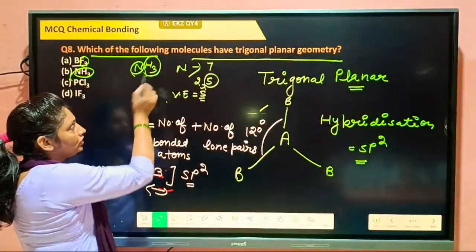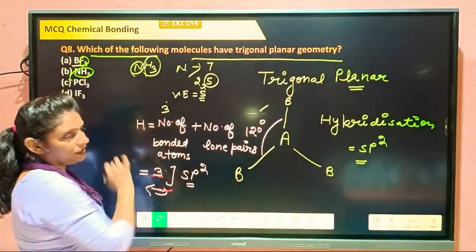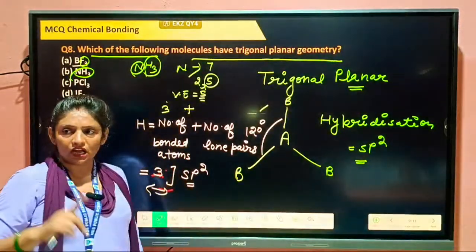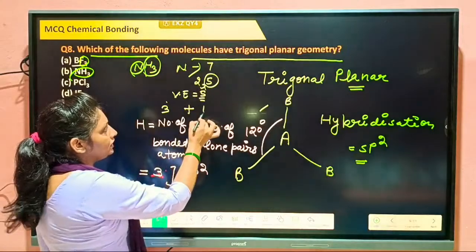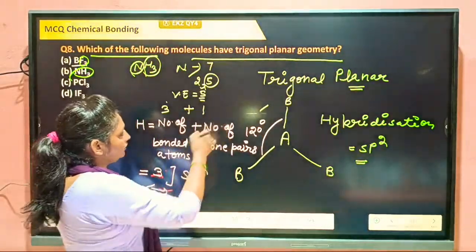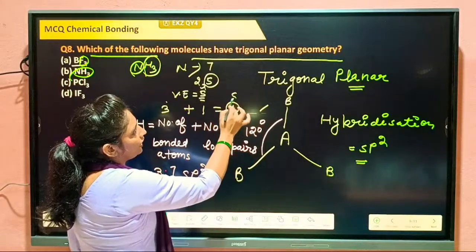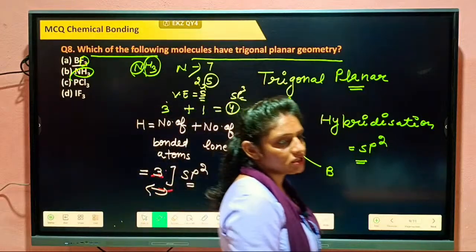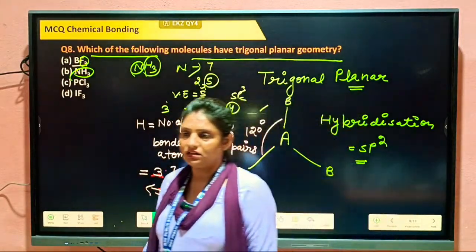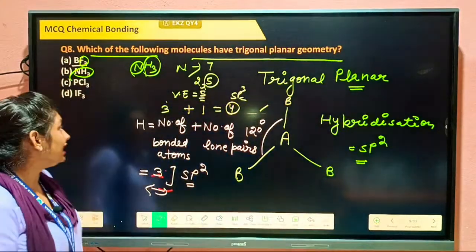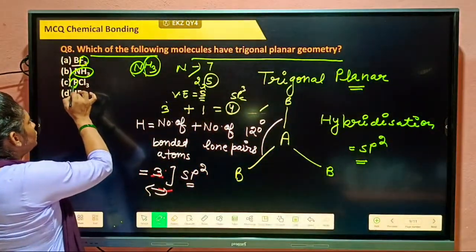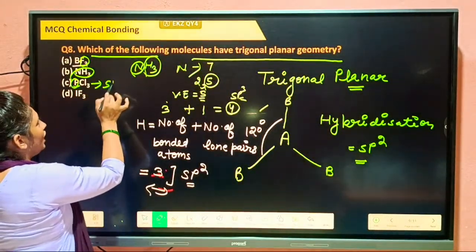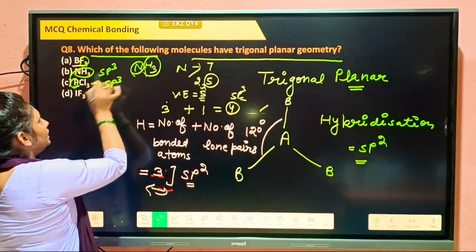So the number of bonded atoms is 3 here. 2 electrons are non-bonding, forming 1 pair, so lone pair is 1. So this sum is not 3, it is 4, and hybridization will be sp3. If hybridization is sp3, its geometry will be tetrahedral. Same for PH3, because nitrogen and phosphorus belong to the same group. So again 3 bonded atoms, and hybridization will be sp3.